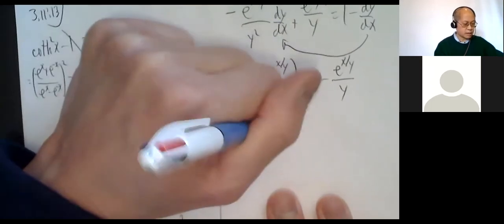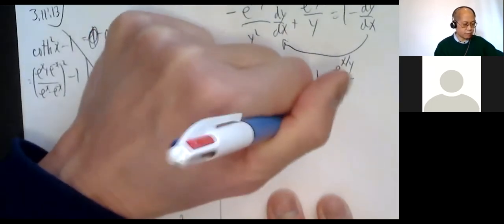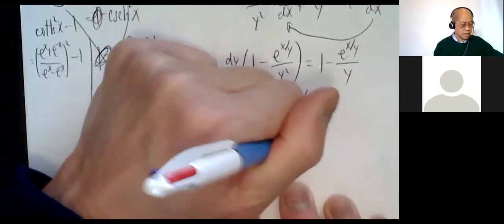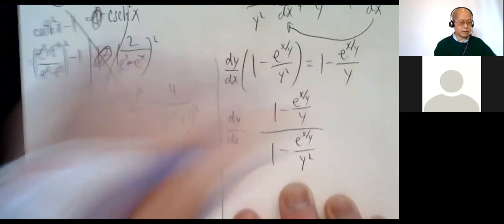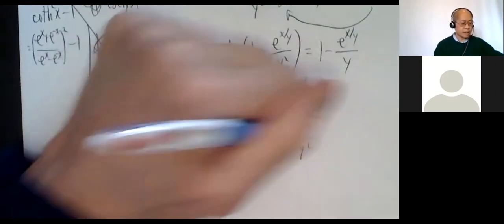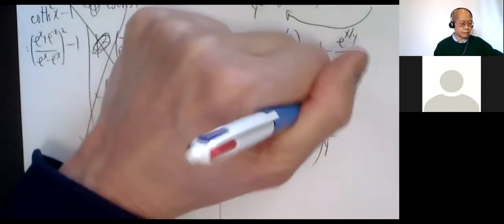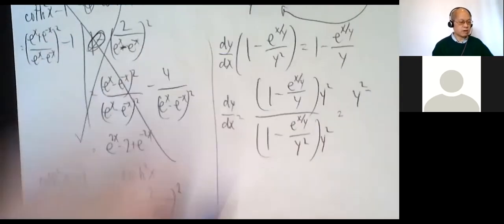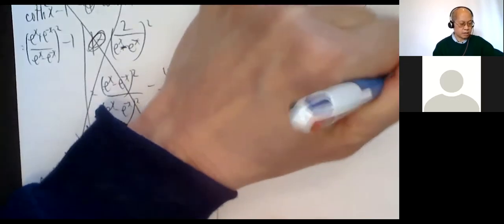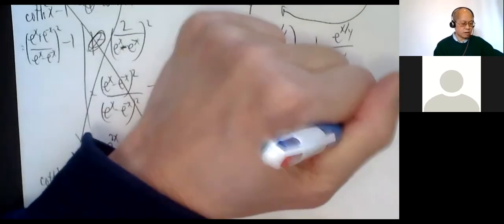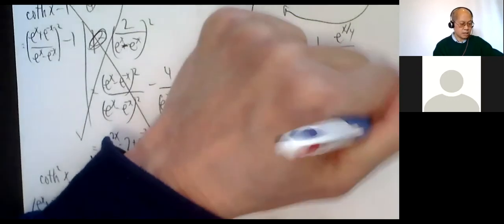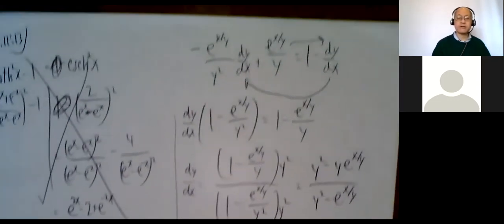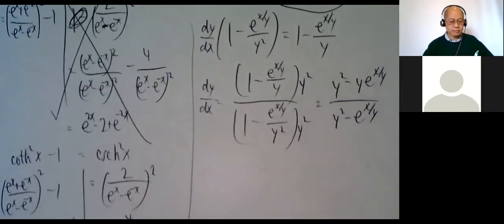So dy/dx is (1 minus e^(x/y) divided by y) divided by (1 minus e^(x/y) divided by y squared). It's usually not a good idea to leave an answer like that, so multiply top and bottom by y squared to make it look nicer. So (y squared minus y e^(x/y)) divided by (y squared minus e^(x/y)). Okay, so that's what I have for that one.